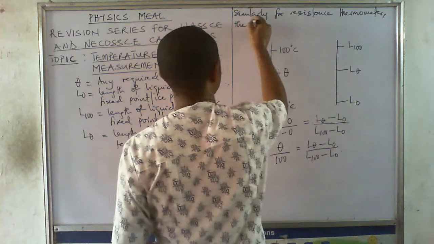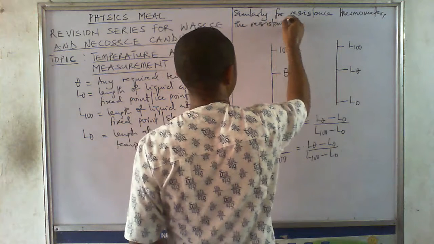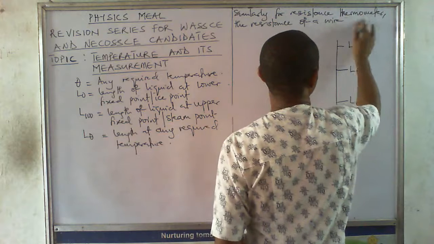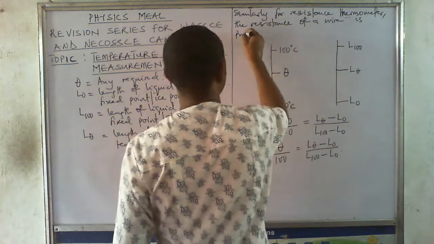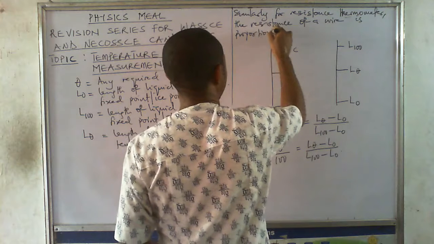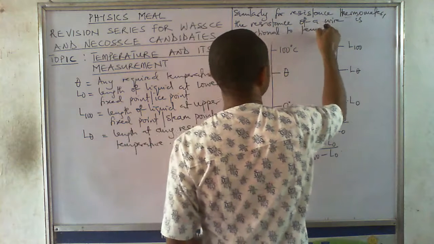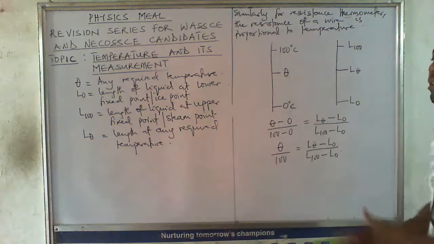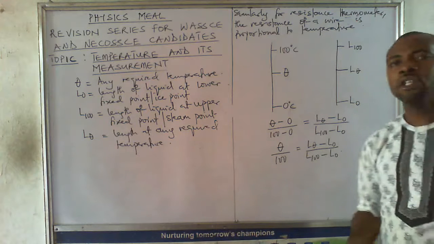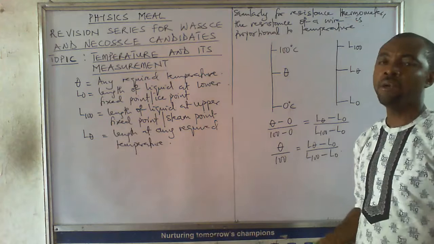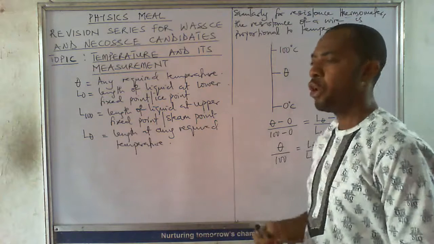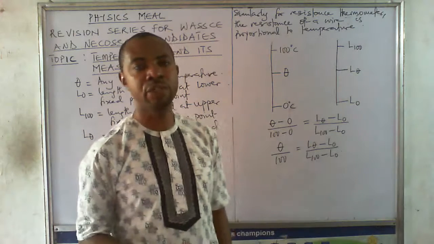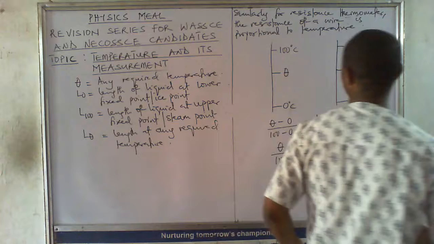the resistance of a wire is proportional to temperature. Directly proportional. So what it means is that an increase in temperature will result in an increase in the resistance of a wire, and a decrease in temperature will also lead to a decrease in the resistance of a wire.